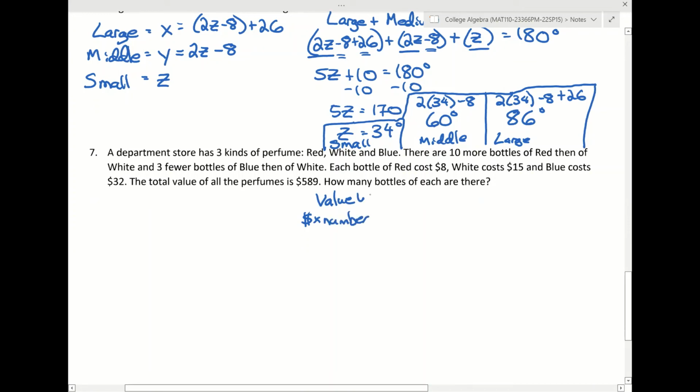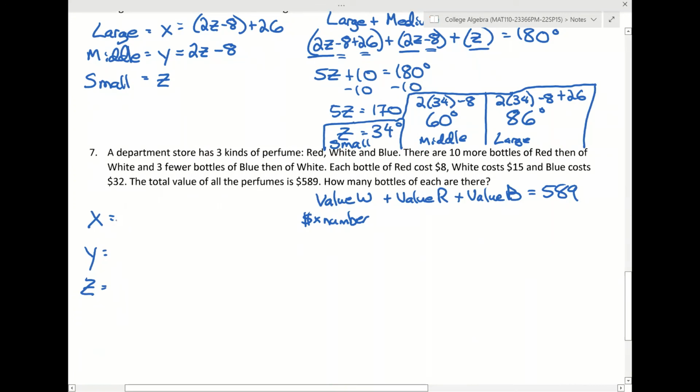So the value for the white plus the value for the red plus the value for the blue is equal to 589. So you have to come up with your own variables and see if you come up with an equation that makes sense.